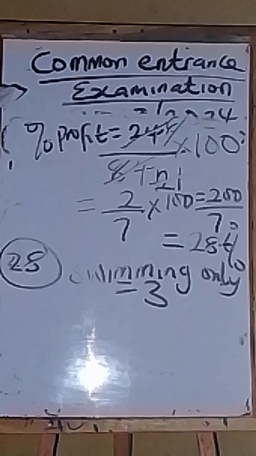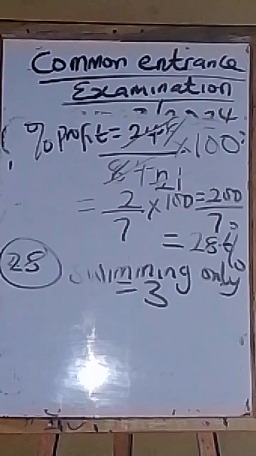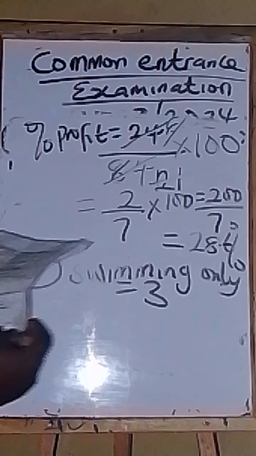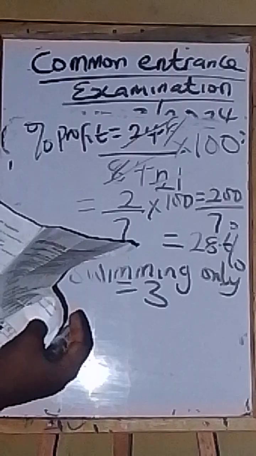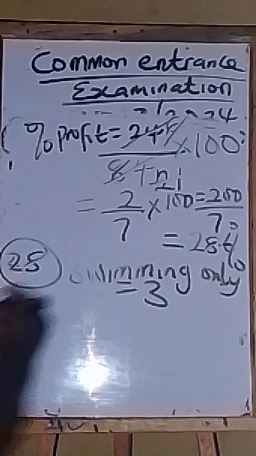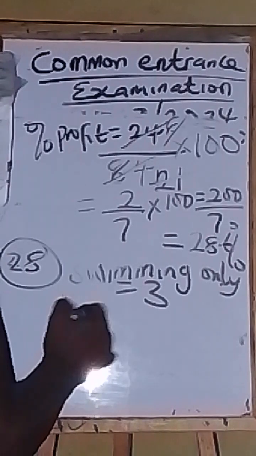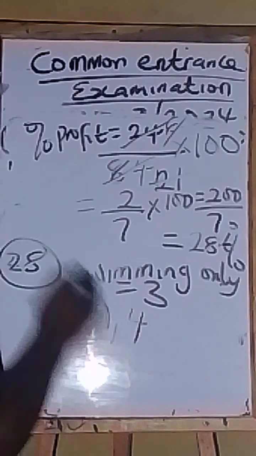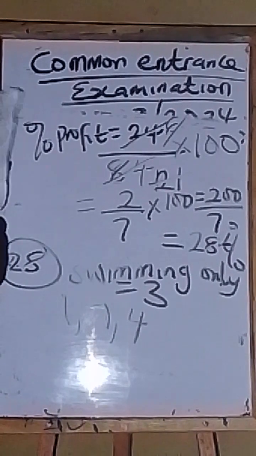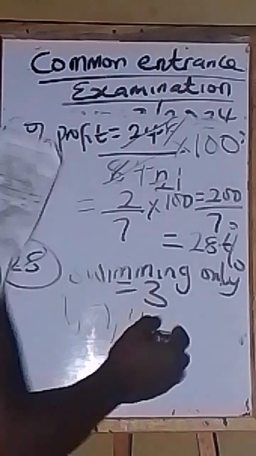So those that take football only is 1, table tennis only is 7, both is 4. So 1, 4, 7. That's it.